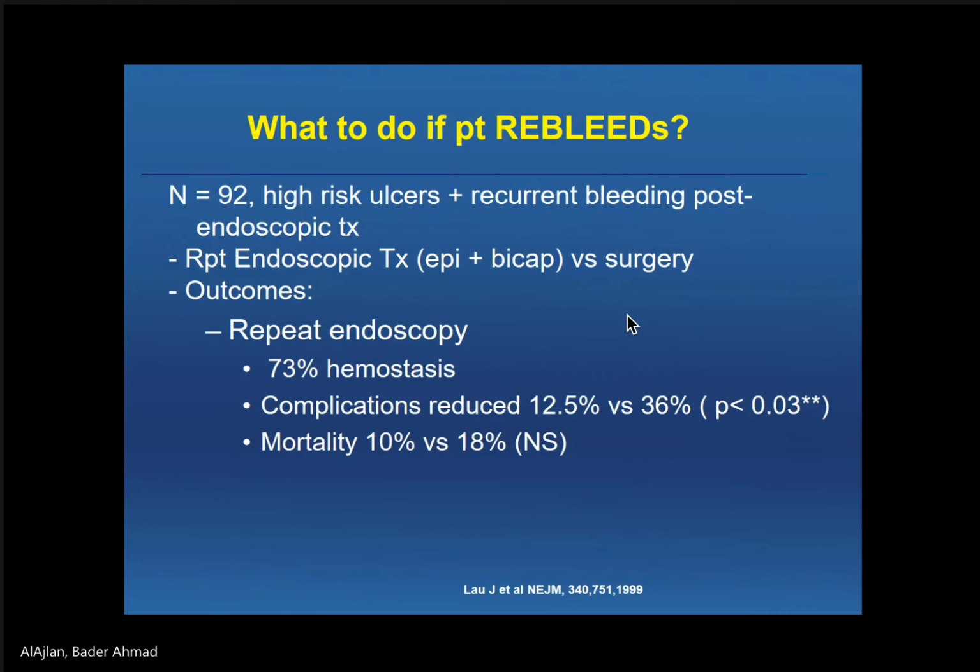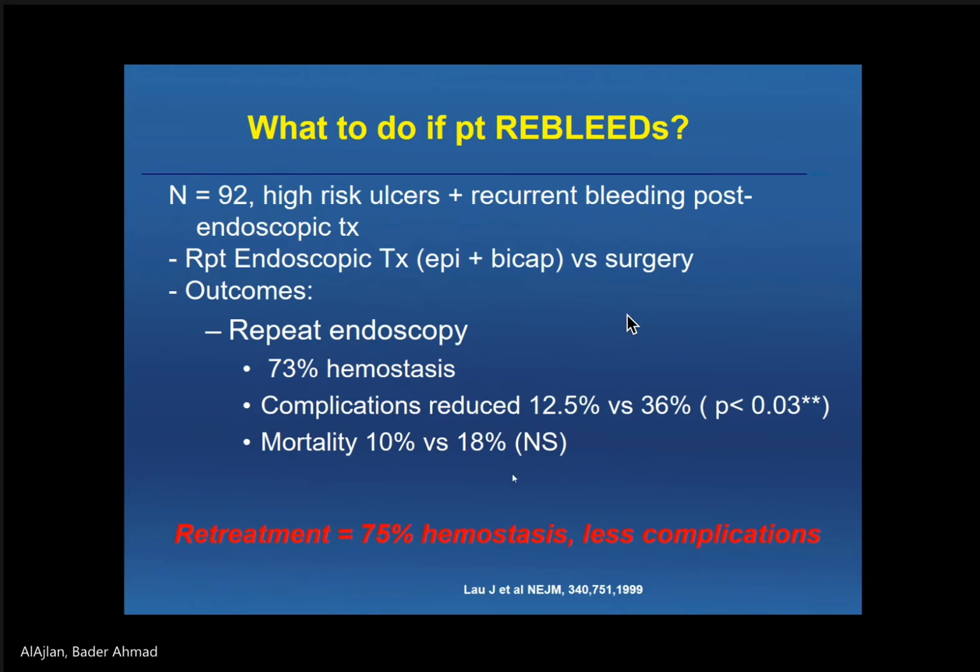So what if the patient rebleeds, should we go for endoscopy again or not? This is a study in the New England Journal of Medicine. They randomized patients between going for another endoscopy versus doing surgery after the second bleed.